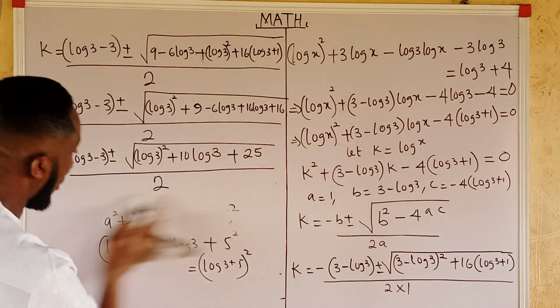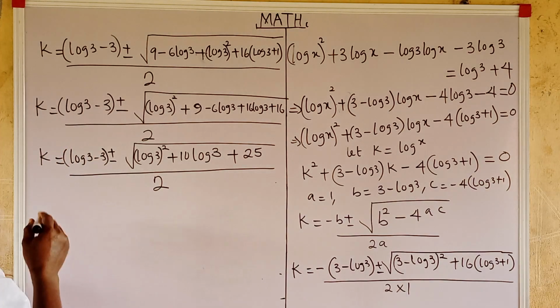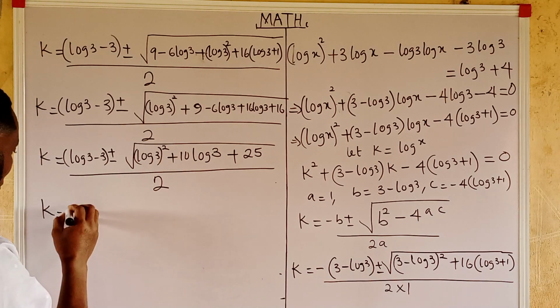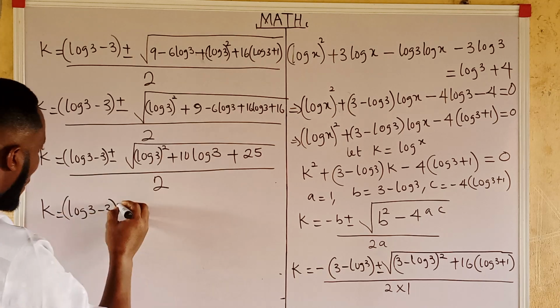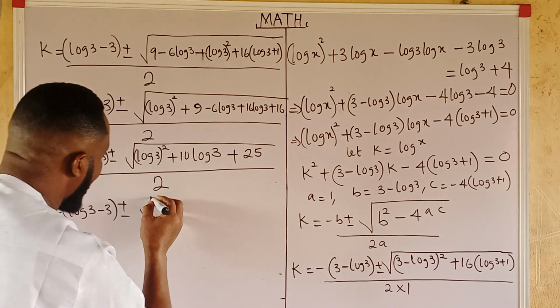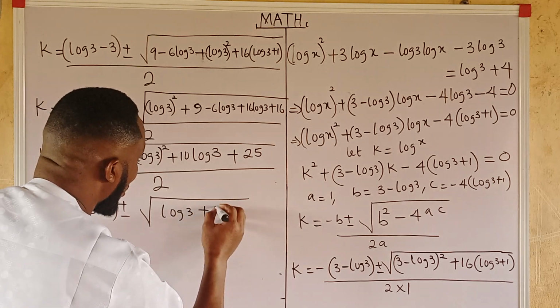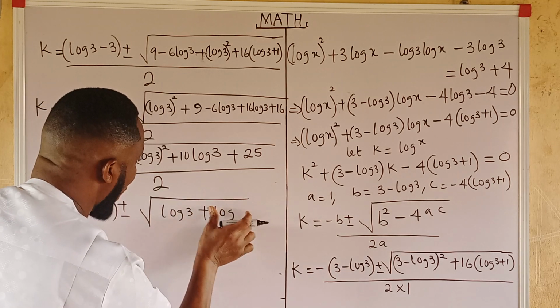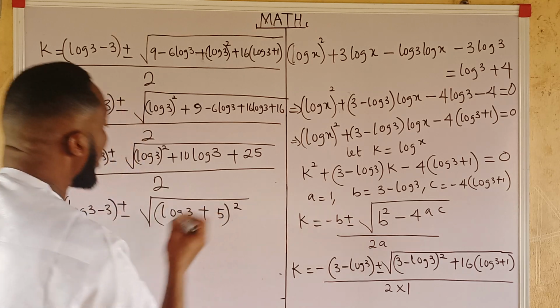So I will take this off just for clarity. I can then write k equal to log 3 minus 3 plus or minus, inside this radical, log 3 plus 5, sorry for the oversight, plus 5 whole squared.